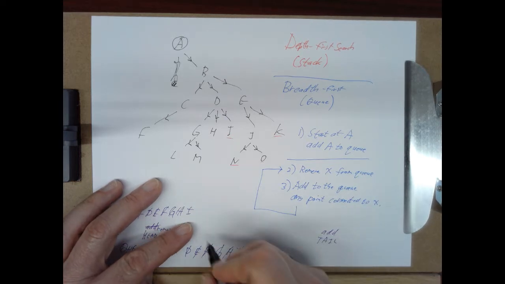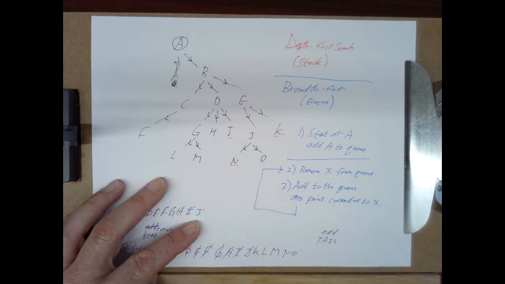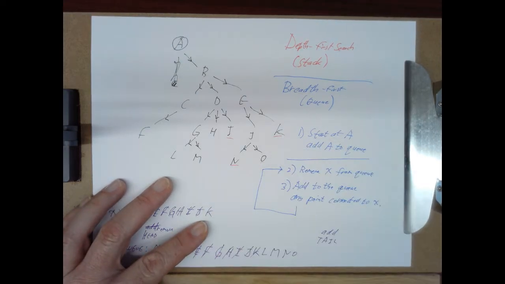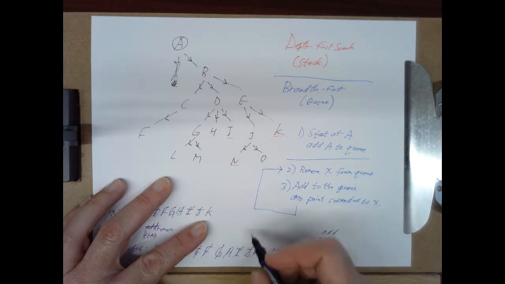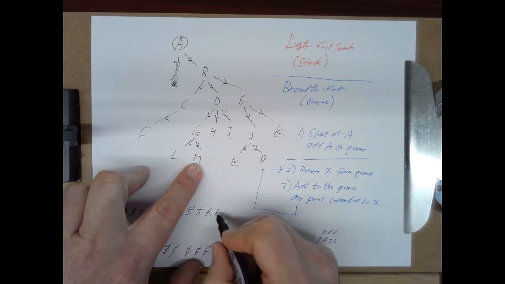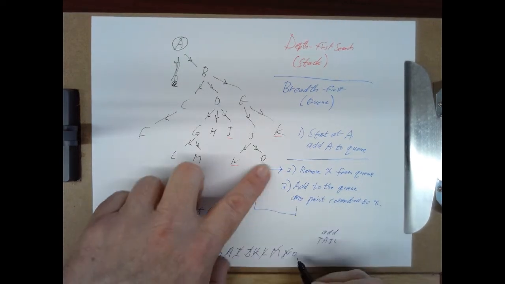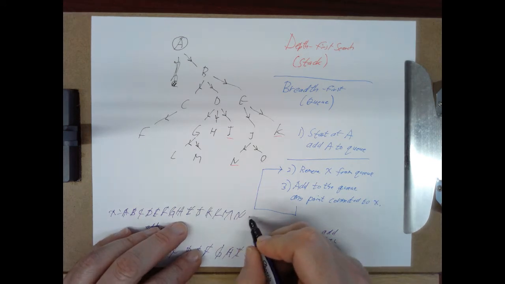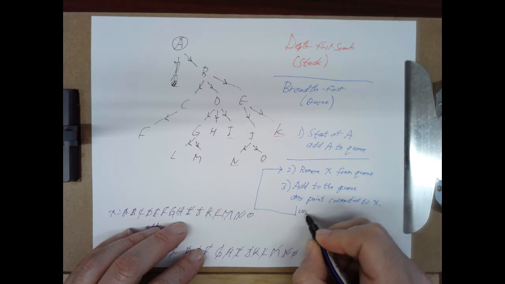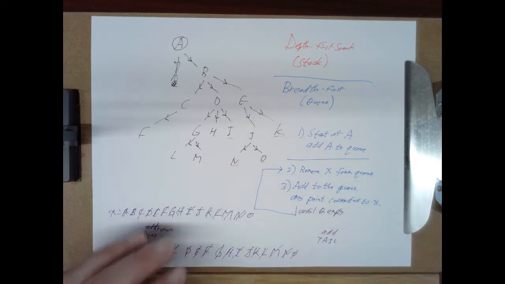Remove the J. That's connected to N and O. Remove the K. Not adjacent to anything. Remove the L. Not adjacent to anything. Remove the M. Not adjacent to anything. Remove the N. Not adjacent to anything. Remove the O. Not adjacent to anything. And when the queue is empty, then you're done.